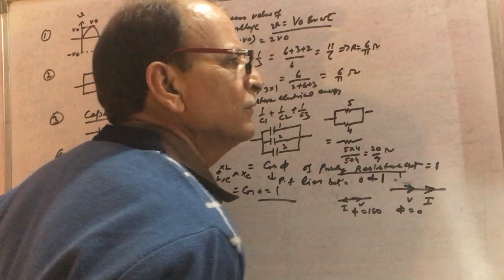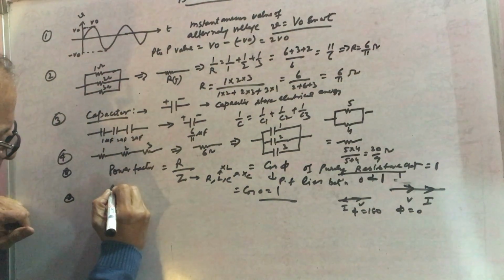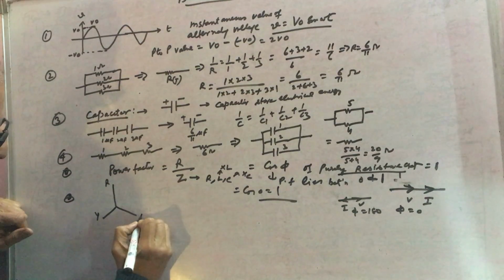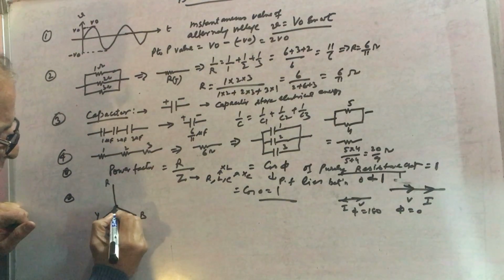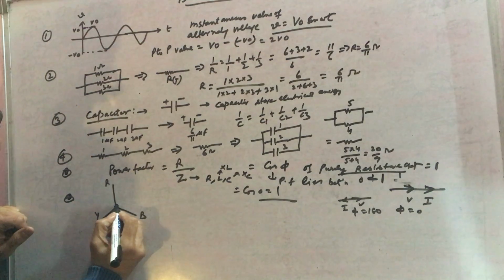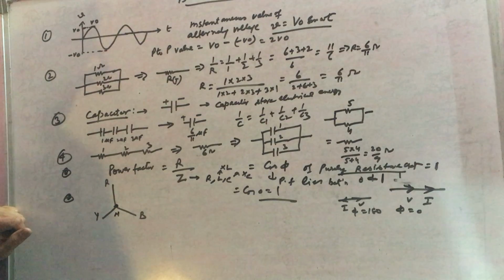Next question we have: in three phase we have three phases, red, yellow, blue. In three phase, this is the neutral, where the other terminals of the three phases meet at one point, that is called neutral.